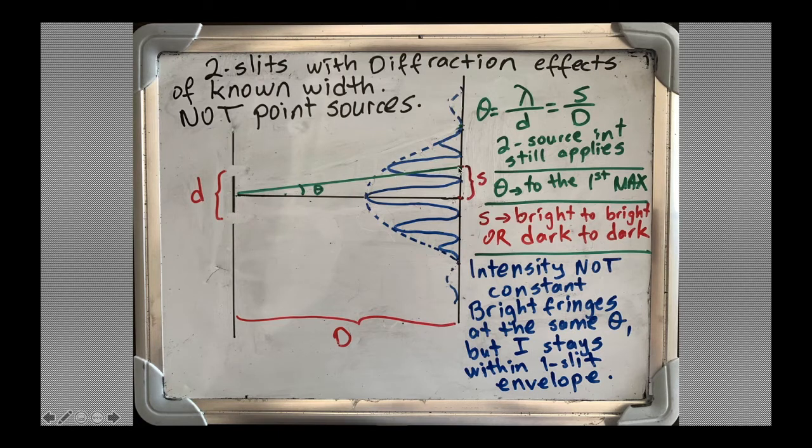So the location would be the same for the first maximum as if these were point sources. If they're not point sources, if they are individual single slits, we would have the first maximum centered at the same location, but with less intensity, and it would stay in this diffraction envelope.